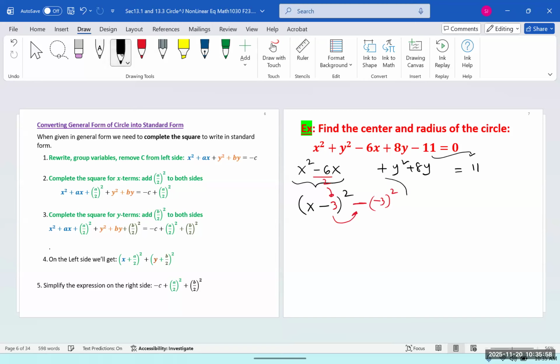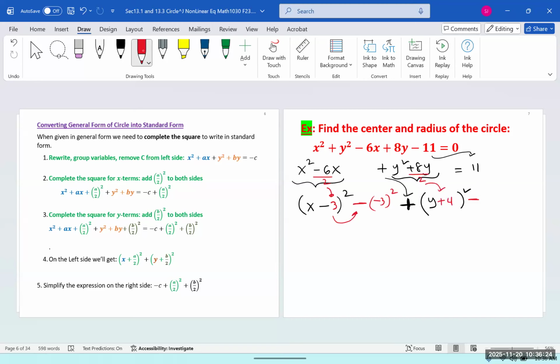And then we always have a plus sign between the x term and the y term. And you complete the square for y. So do the same thing. Y something squared, and we're going to subtract. So what goes inside next to the y? 4. This is half.